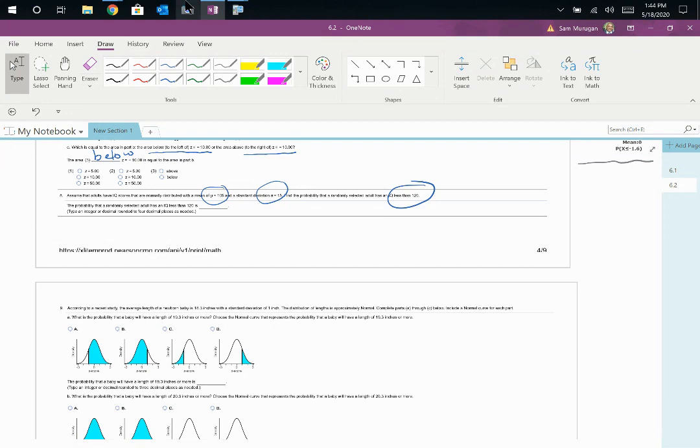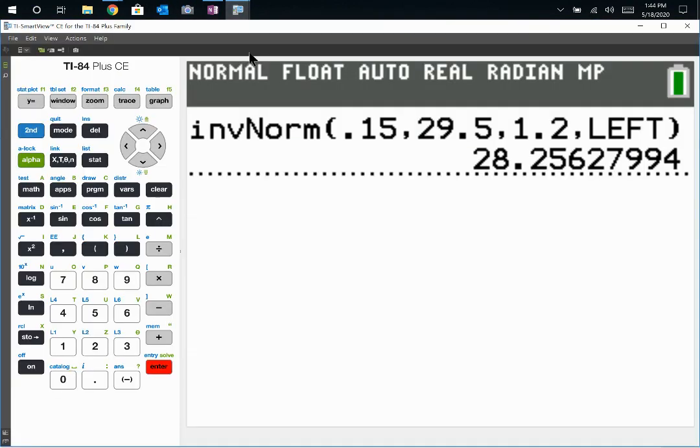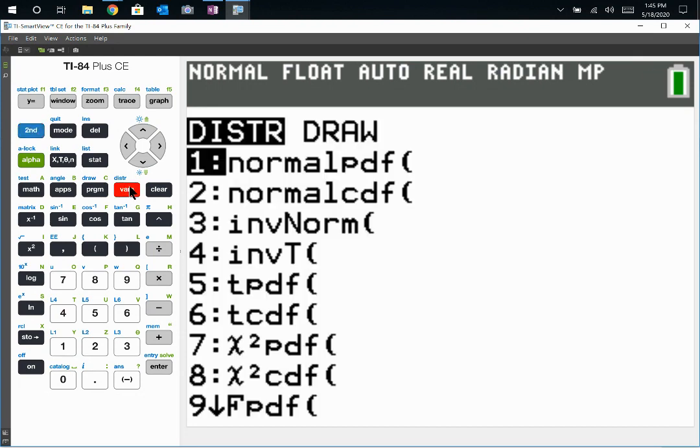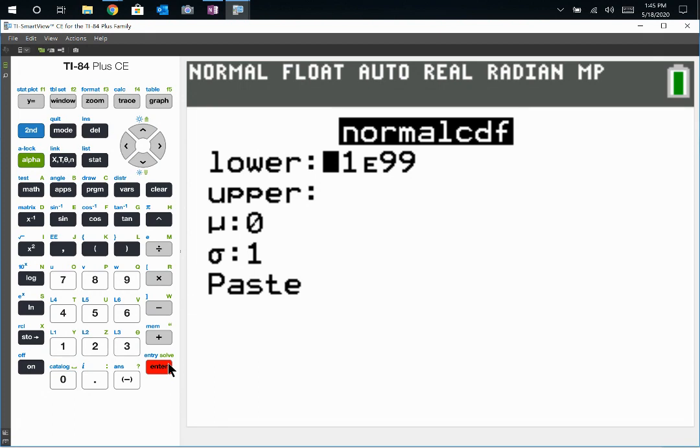Okay, so go to your calculator. Now you want the lower to be a really small number, so negative 0.9999. The upper is 120. The mean is 105.